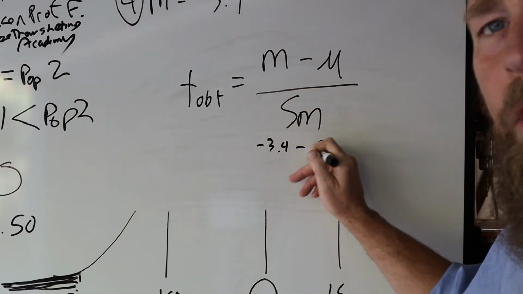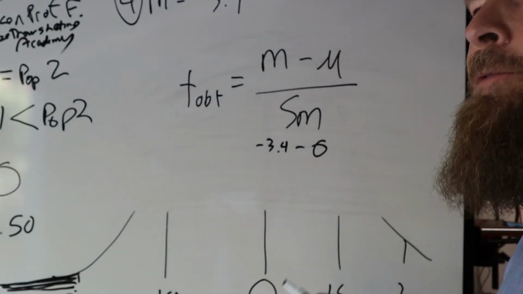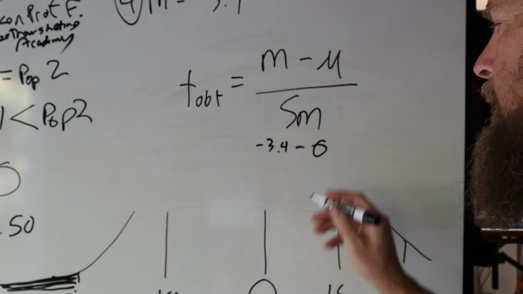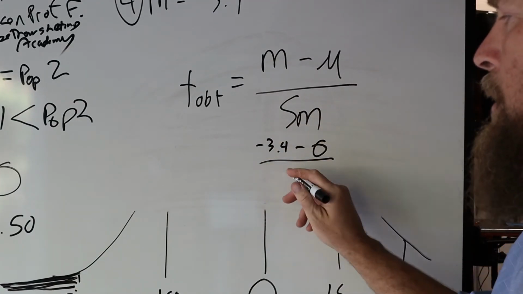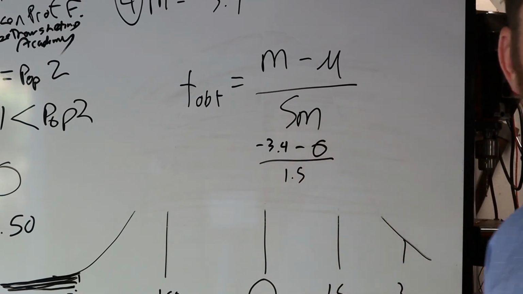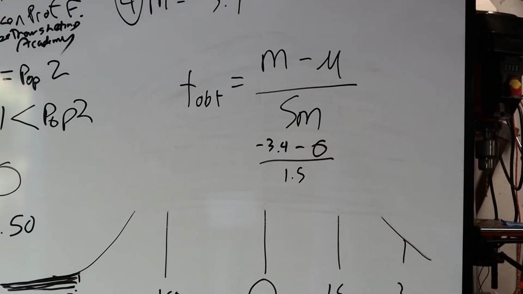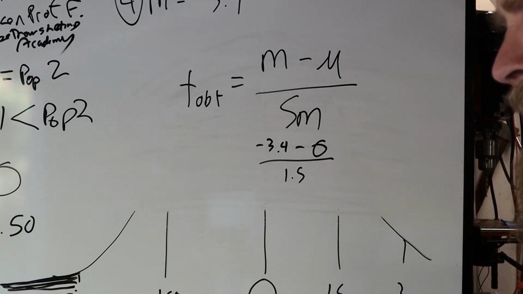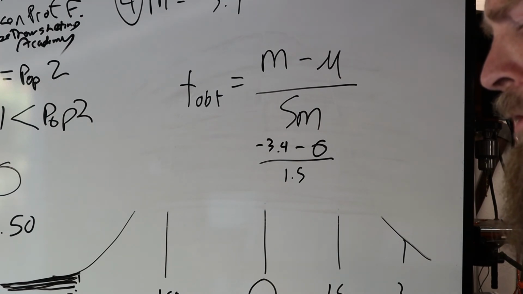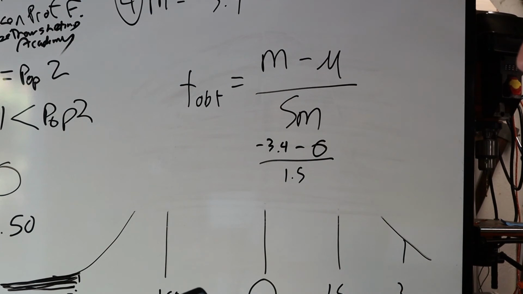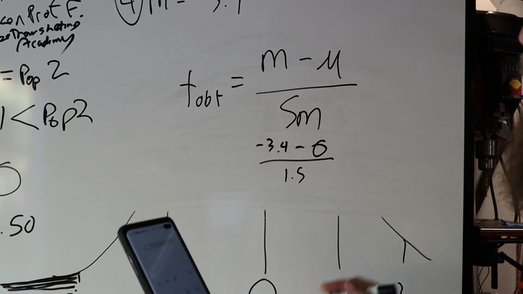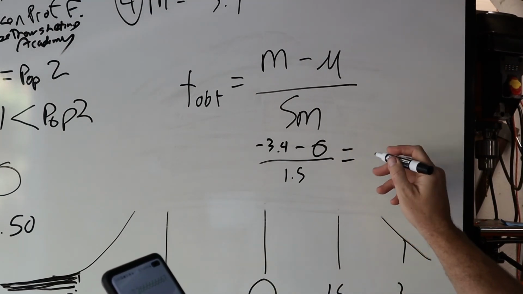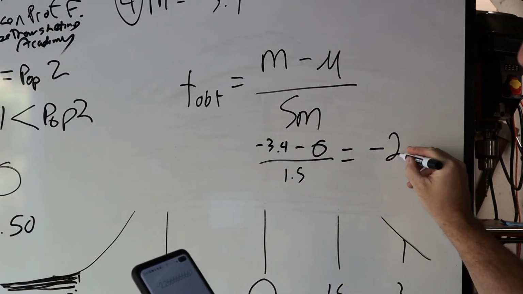We subtract from that 0. Now 0, because if there's no difference, the mean difference is 0. And we know that there is some variability, so we had 1.5. So if you take, let me get my handy dandy calculator out, negative 3.4 divided by 1.5, we get a t-obtained statistic of negative 2.26.